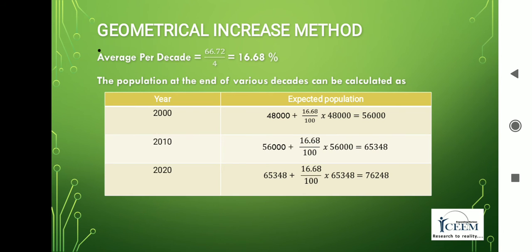Then for next decade it is 65,348, and in third decade in 2020 the value of population is 76,248. This is the calculation by the formula of geometrical increase method.